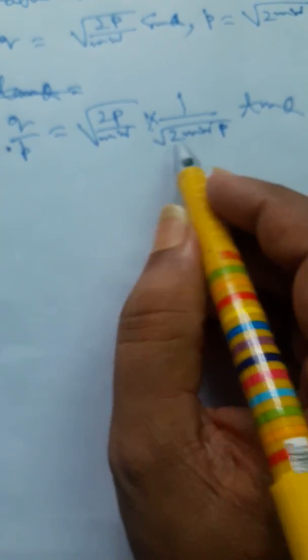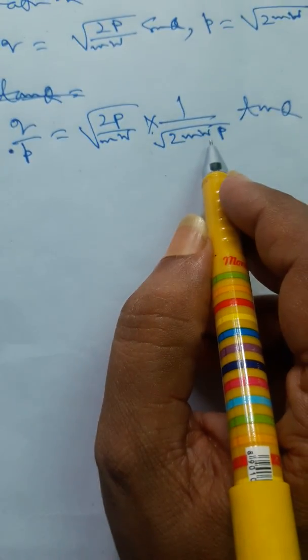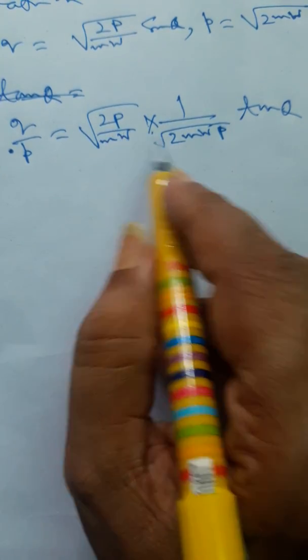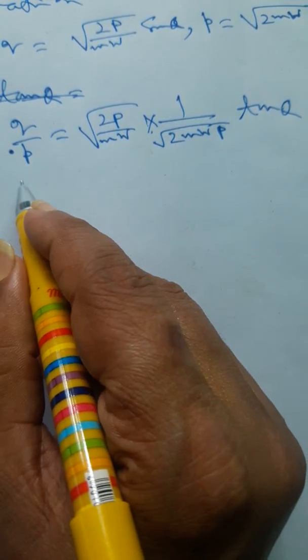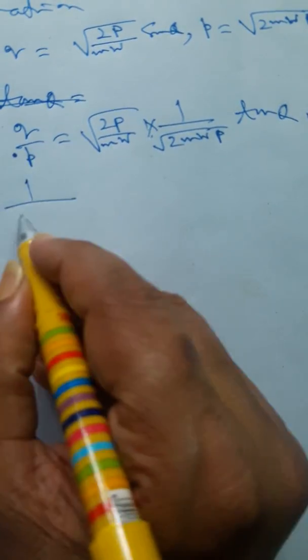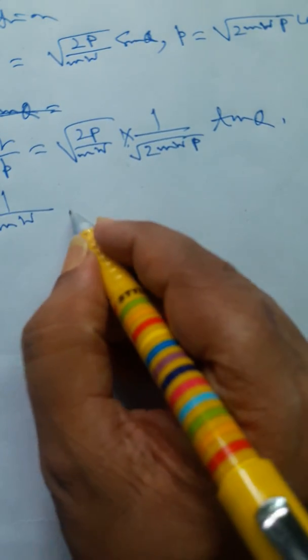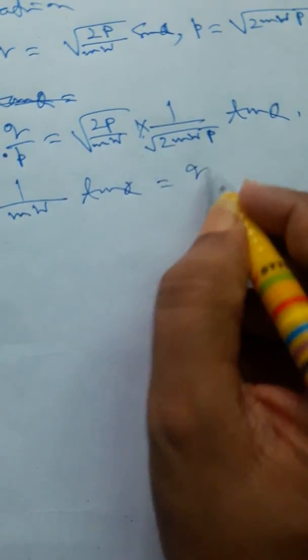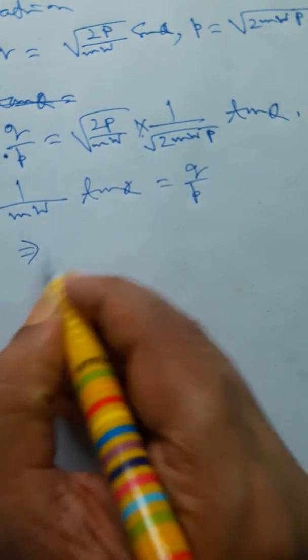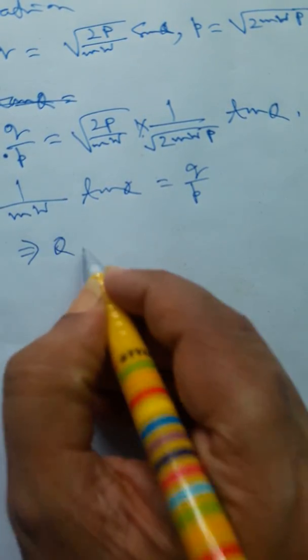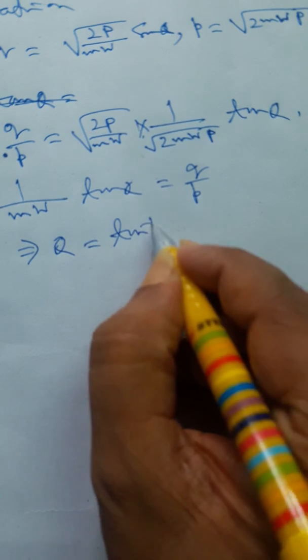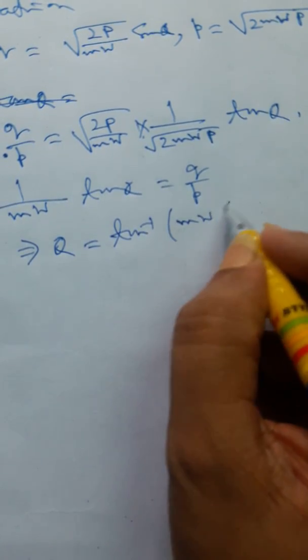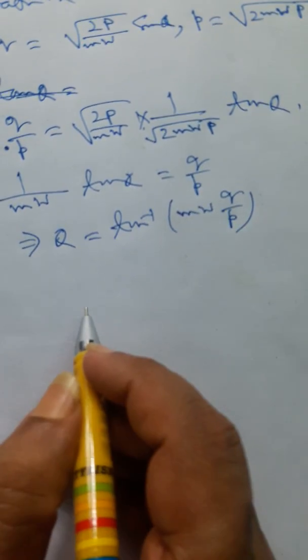Therefore, just for cancelling root over twice P, we get 1 by m omega tan q is equal to Q by P. Therefore q is equal to tan inverse of m omega into Q by P.